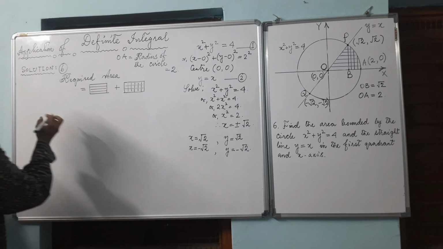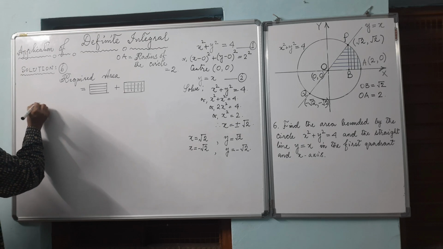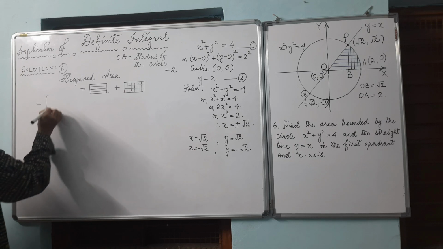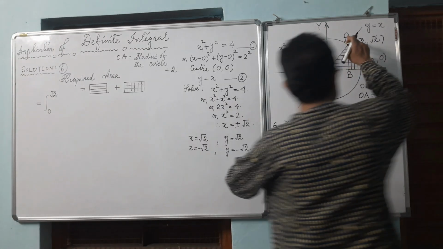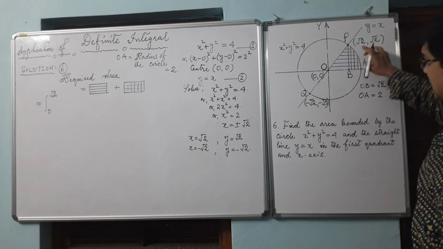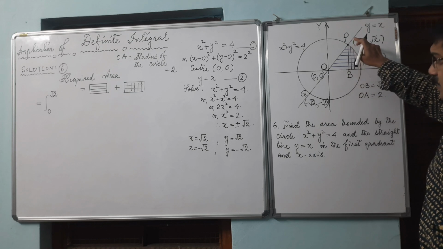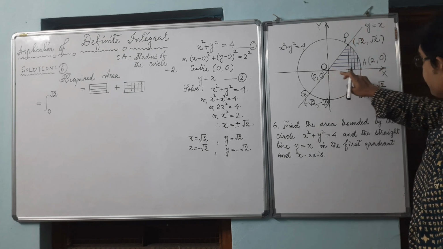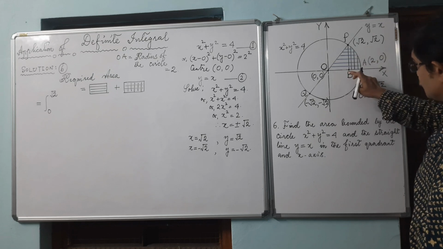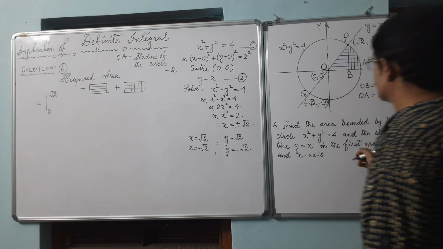And if we consider it in integration form, they are from 0 to root 2, since the point P is root 2, that means OB, the abscissa, is root 2, and BP is also root 2.